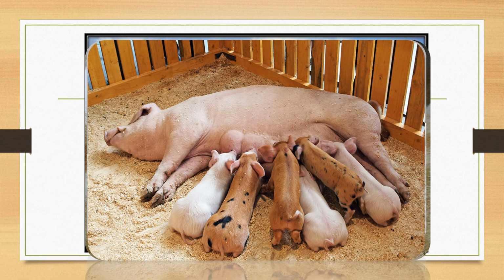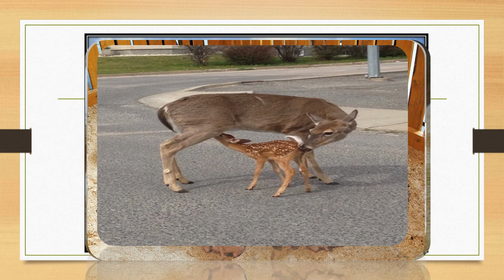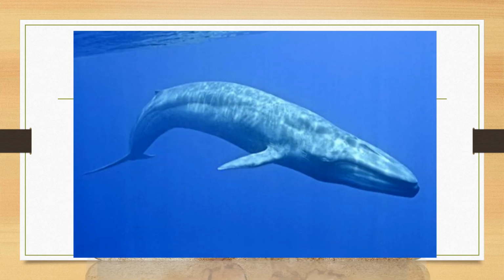And then you have the pig, and what is this? Deer. And then you have also the blue whale. So those are some examples of mammals. Always remember, mammals give milk to their own babies. They also have mammary glands.